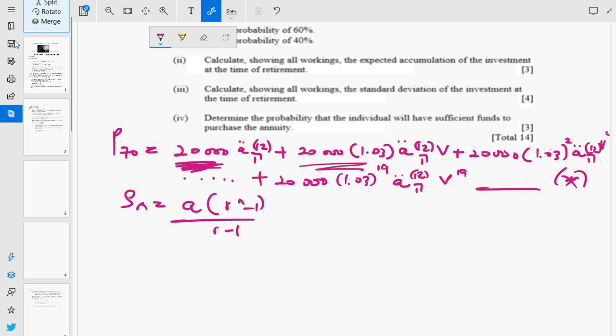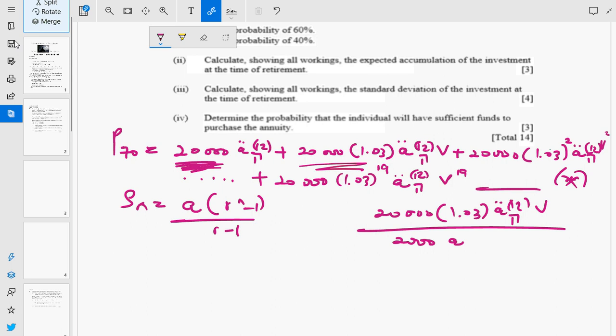So in actual fact, I'm going to have 20,000 times 1.03 V, and I'm going to divide this by 20,000 times an annuity payable in advance monthly, right? This will cancel, and this will cancel with this.